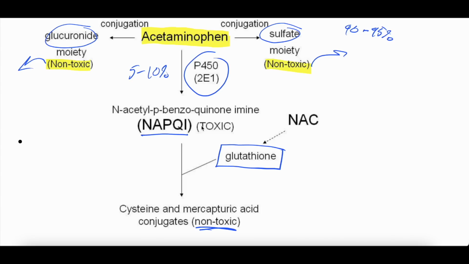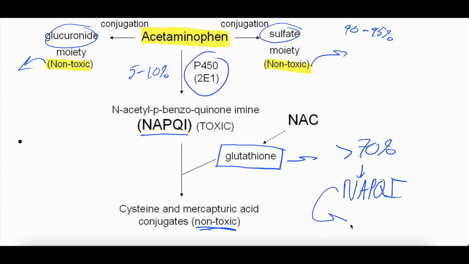But when we overwhelm this glutathione pathway, when we deplete more than 70% of it, we get a buildup of NAPQI, which can cause direct liver injury. If that liver injury gets too bad, it leads to liver necrosis. When the liver stops working, we get transaminitis, coagulopathy, altered mental status, encephalopathy. It can even lead to lactic acidosis, renal injury, and even death.